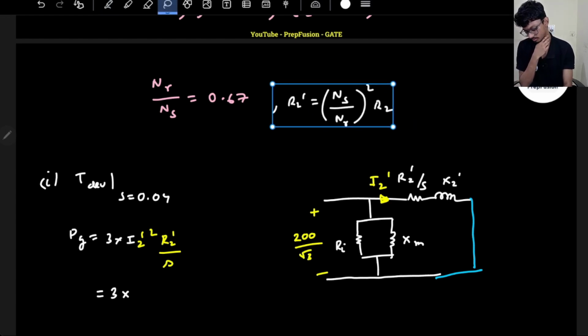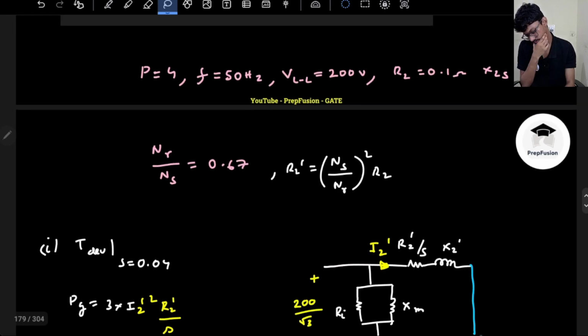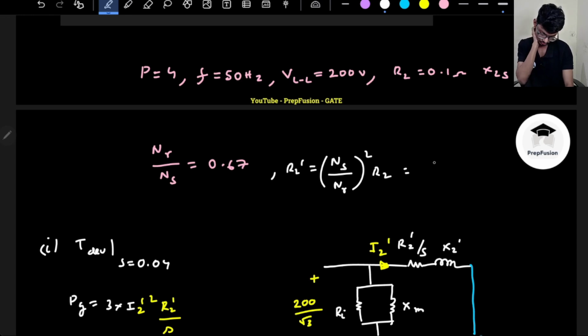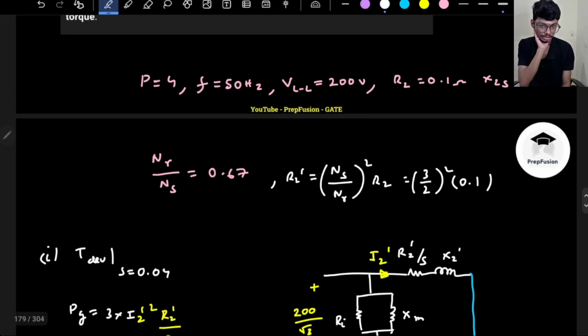So this will be basically 0.1. So this will be what? This is our 2 by 3, right? So this is 3 by 2 whole square into 0.1. Okay. So it is roughly equal to 2.25, somewhat it will be like that only. 0.67, if I take the inverse, then I do the whole square into 0.1.